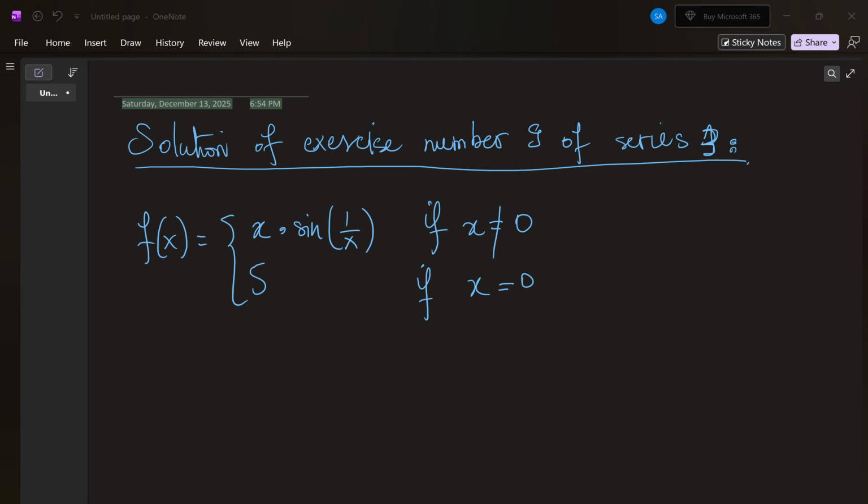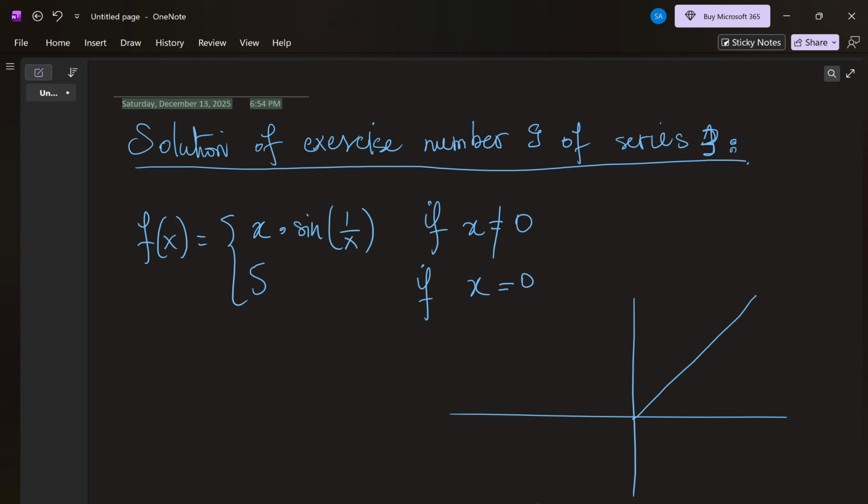The graph of this function will be like this. Here, this is the graph of y equals x, and this is the graph of y equals minus x. Here we have the value of x times sine 1 over x.